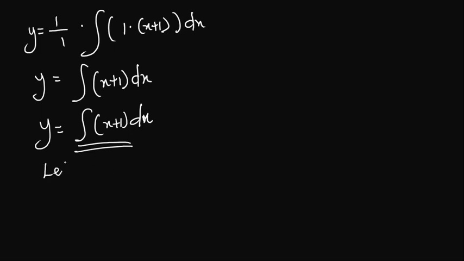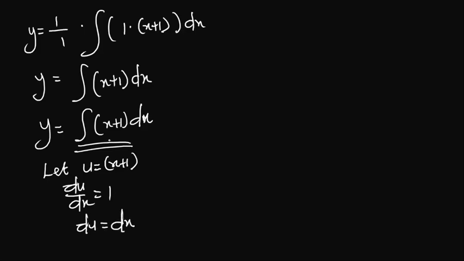So we let u be the function x plus 1. We need to differentiate this function. If we differentiate x, we get 1. If we differentiate 1, we get 0. So du dx is equal to 1.